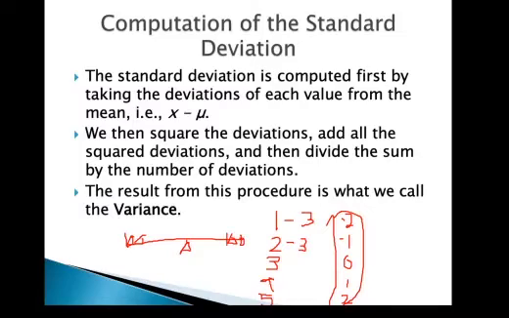And we can look at the values to the left as negative and the values to the right as positive. Then when we add these values, the sum will be equal to 0.